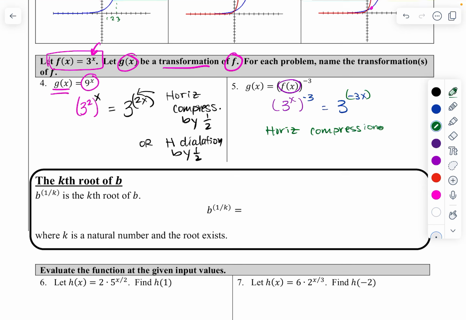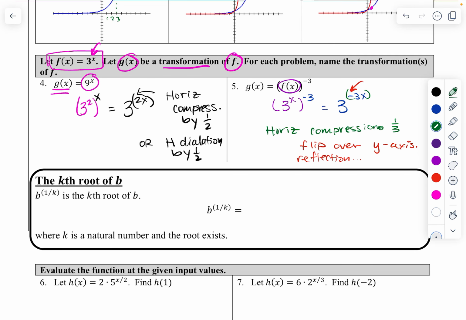So it's dividing by 3 or multiplying by 1/3, compression by 1/3, but it's also got this negative here, and that negative means that it's a flip, flipping horizontally, so it's over the y-axis. You can also call that flip a reflection.